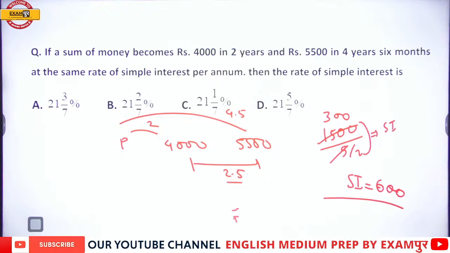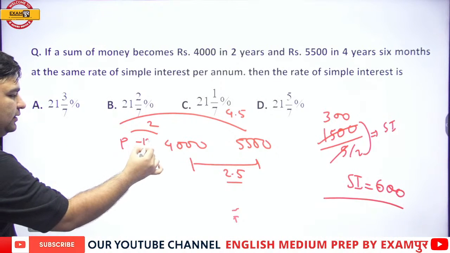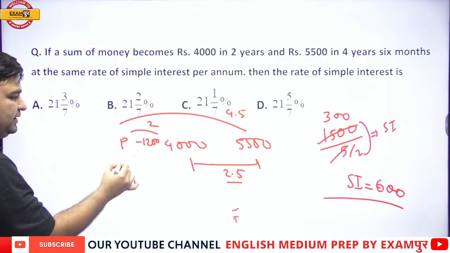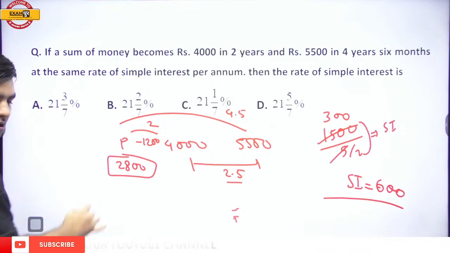So in 2 years, it would have been 1200. 4000 minus 1200, that is 2800 would be principal. Got it?